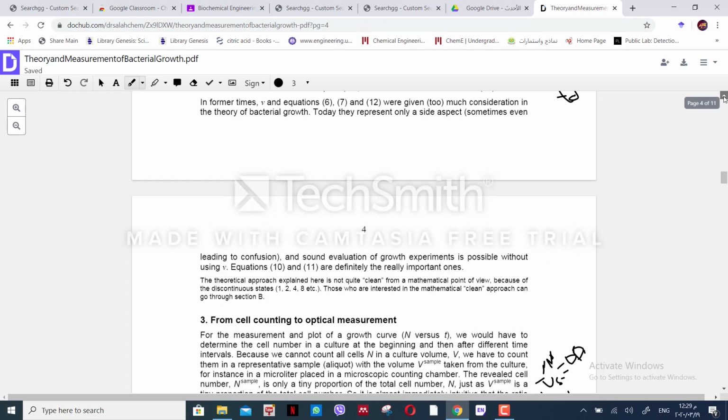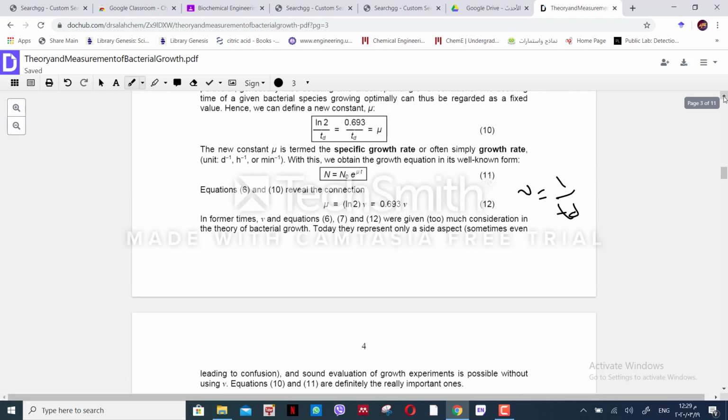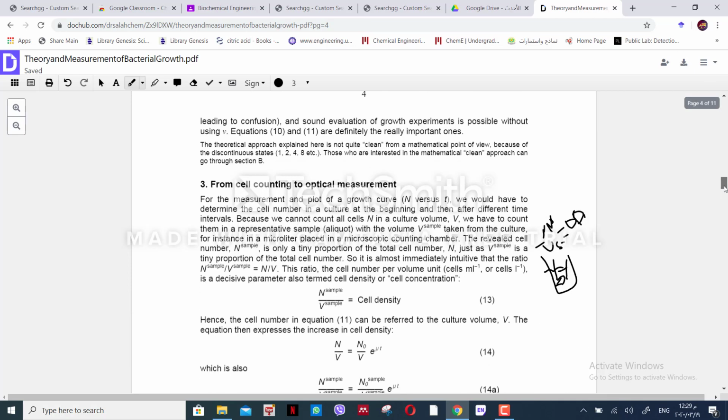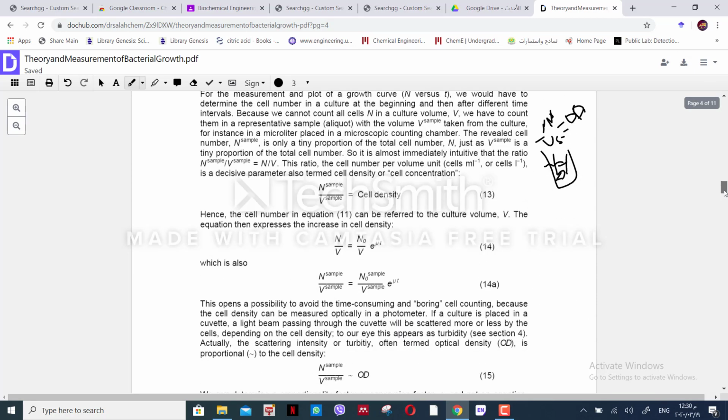When you go back to the equation n equals n naught e to mu t, instead of n naught we can use n naught over v, just by dividing by v. This equation converts to n sample over v sample equals n naught sample over v sample times e to mu t.